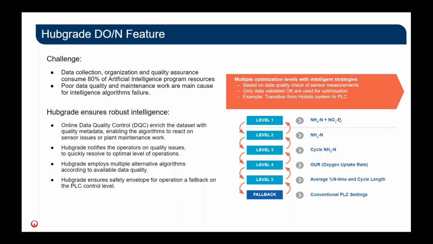At the end of the day, if all of the inputs of those algorithms are determined that they are not of a sufficient quality, then the system will be operating based on whatever default set points the operation staff has set in the PLC. Those are maintained, they're there, they're stored, and it will utilize those settings and keep operating. So regardless of what data might not be at a quality level that is usable by the system, it will still keep things optimized as best as it can.